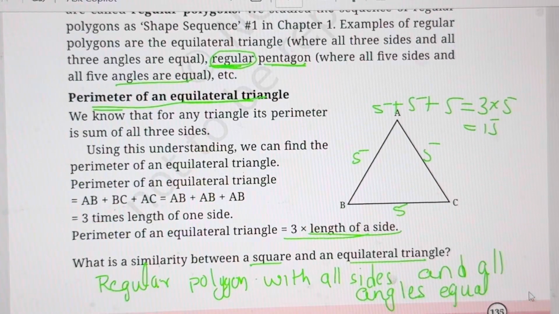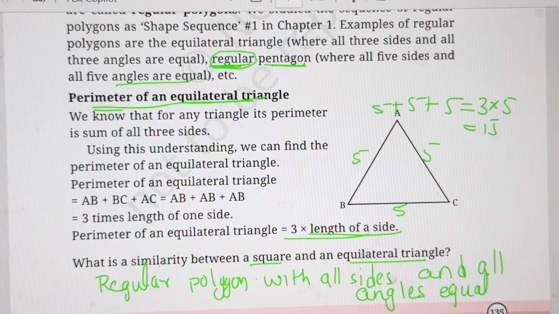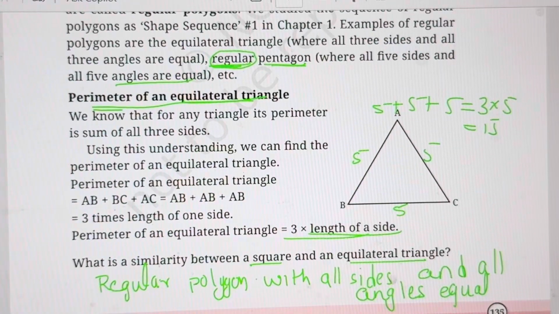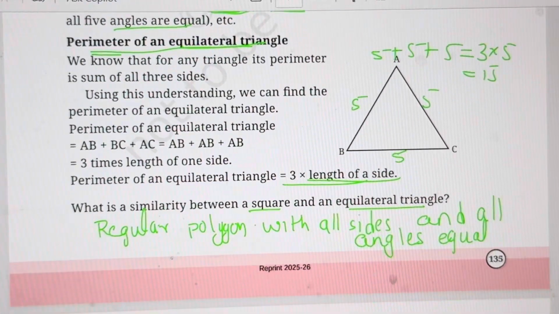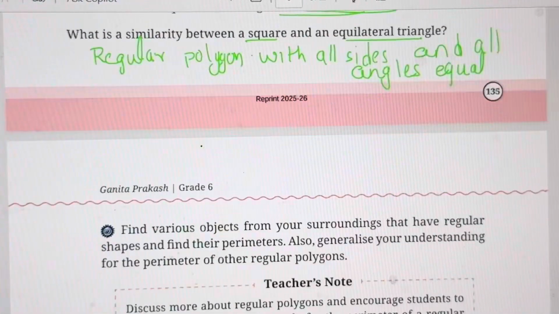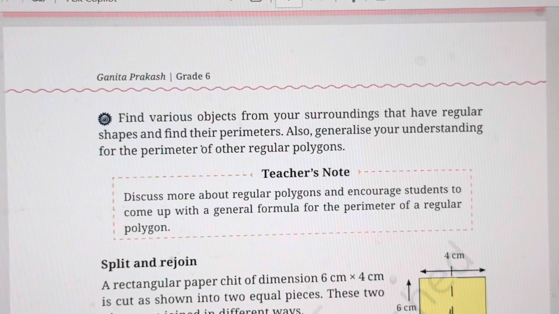Right? There's a word for all angles equal. It is equiangular. Equilateral means lateral, sides, and angular means angles, right? So this is the similarity between a square and an equilateral triangle.